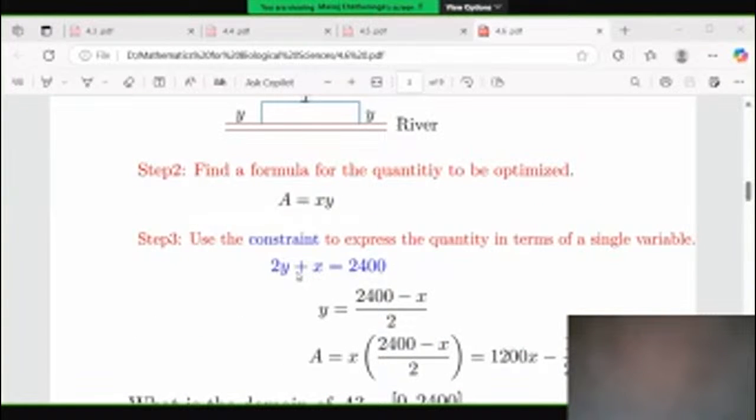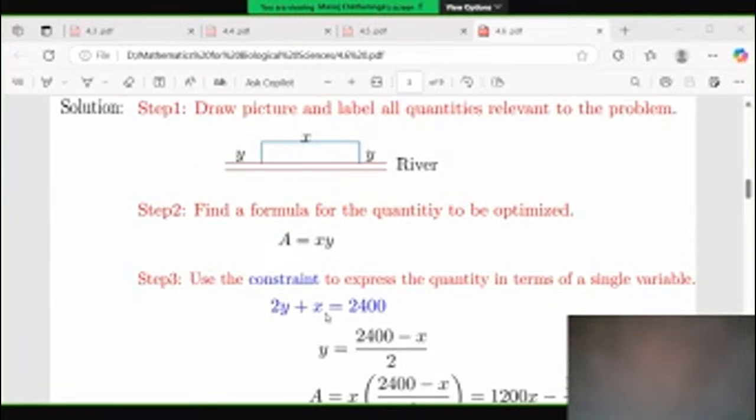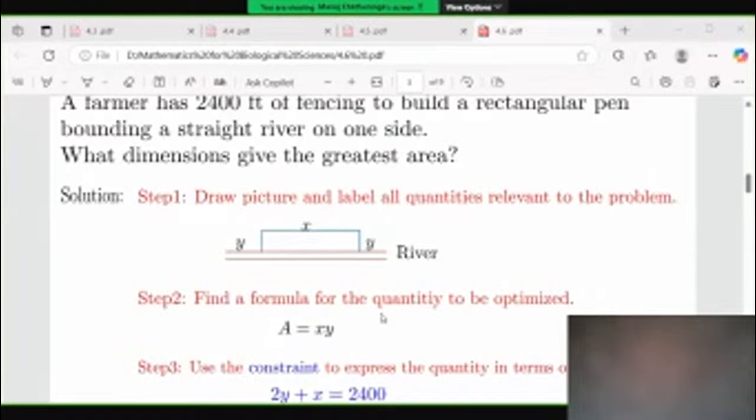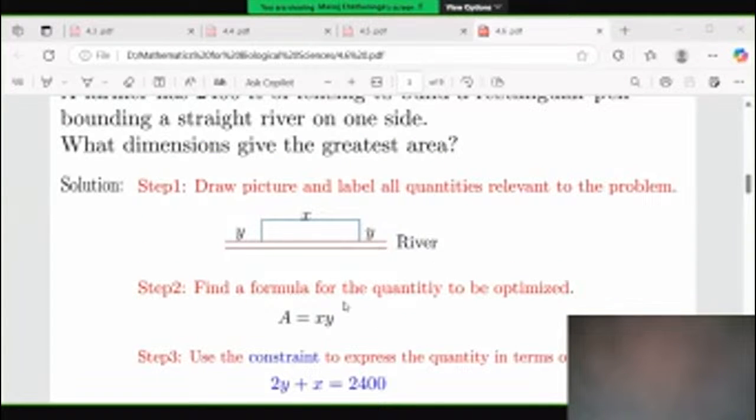So 2y plus x equals 2400. So we want to maximize the area function subject to this restriction, subject to this constraint.